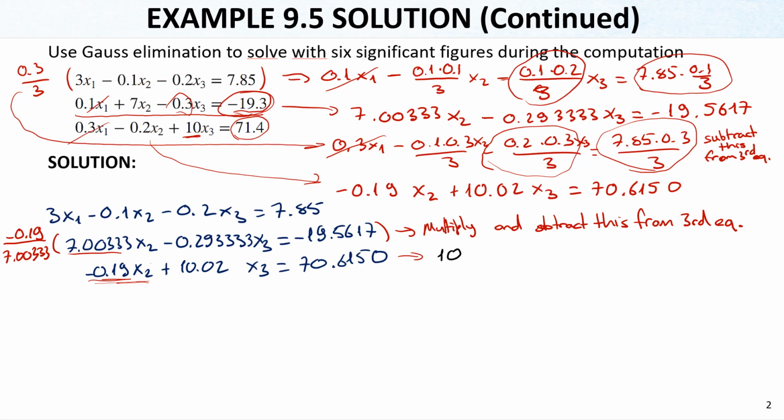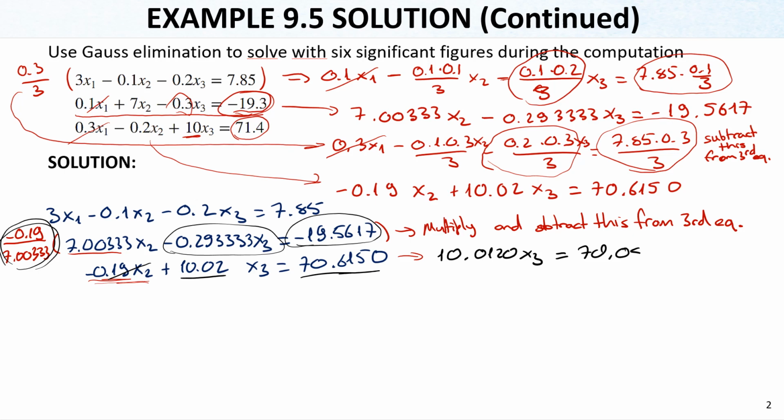So this one was eliminated. Then the second one here is actually subtracted from this, multiplied by this, which gives us 10.0120 x3 is equivalent to this subtracted from this multiplied by this, and it gives us 7.0843. This is the third equation now.